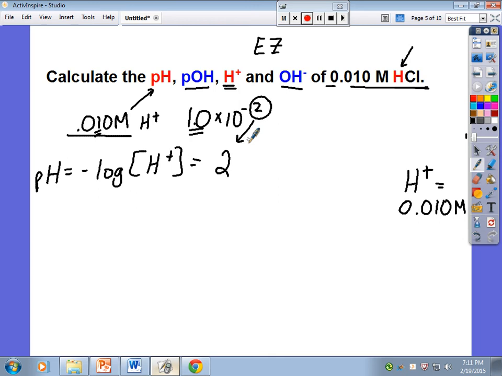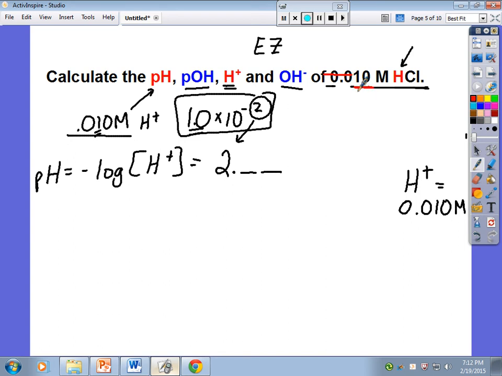Now, the tricky part with pH is you have to keep track of significant figures. They are different because it has to do with the characteristic and the mantissa when multiplying with exponents. If you're interested, it's in the appendix of your book. If you're not, then you have to trust me, and you have to know that the significant figures are after the decimal. Now, how many significant figures are here? Leading zeros don't count.